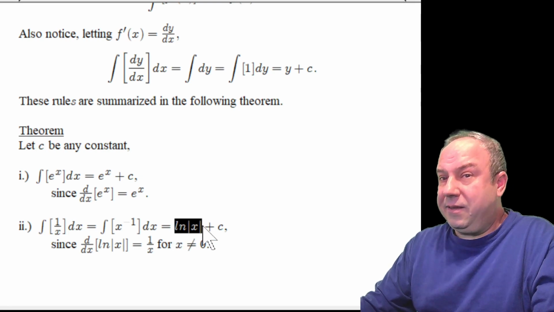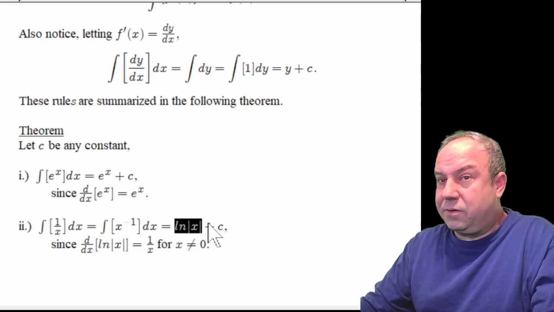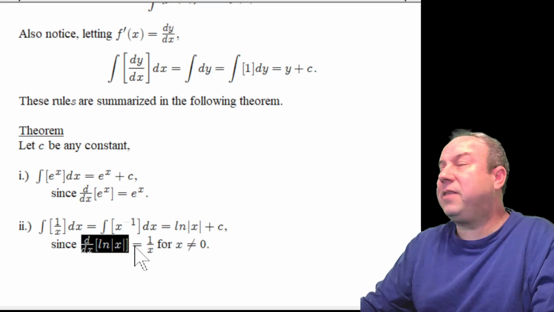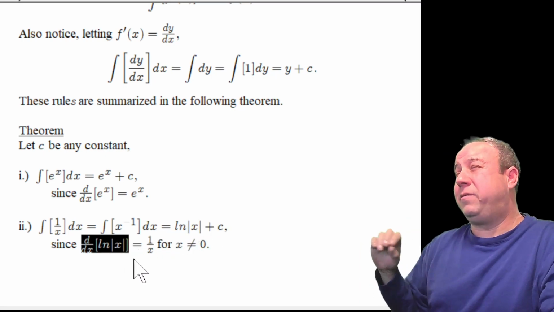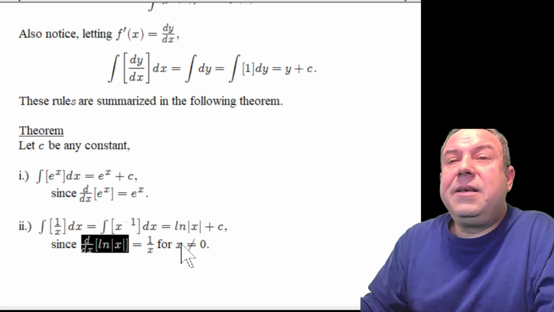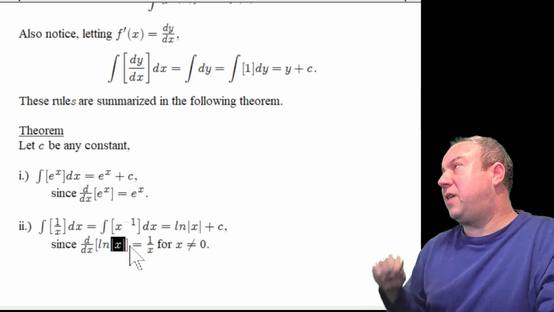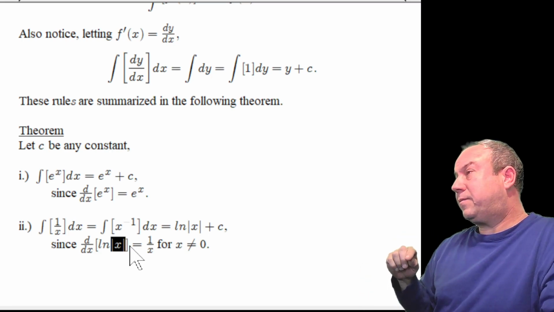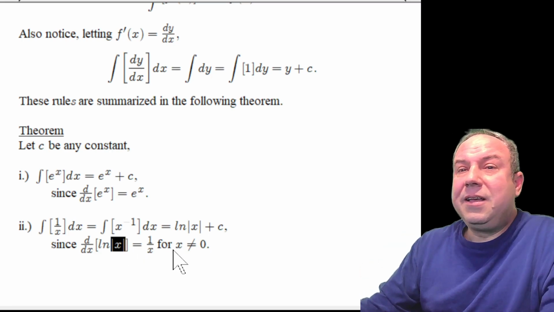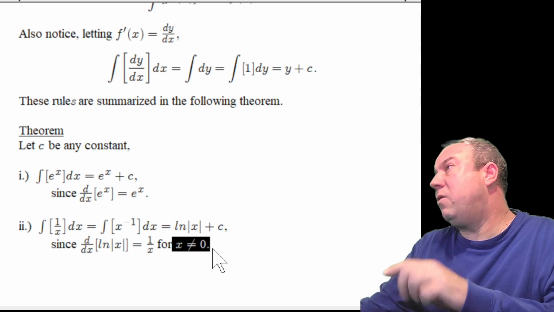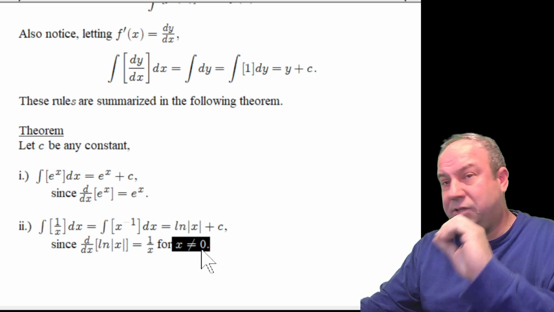And we can say it's equal to the ln of the absolute value of x plus c, since if I take the derivative of the ln of the absolute value of x, the absolute value simply gives us a domain of x not being allowed to be 0, and not strictly greater than 0.